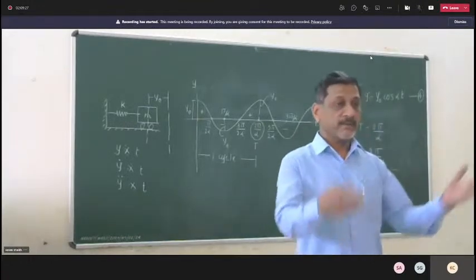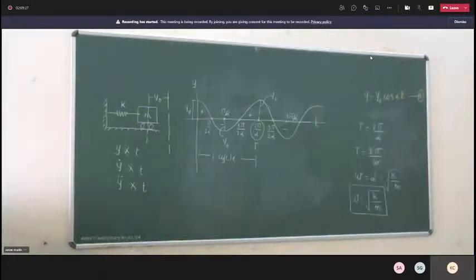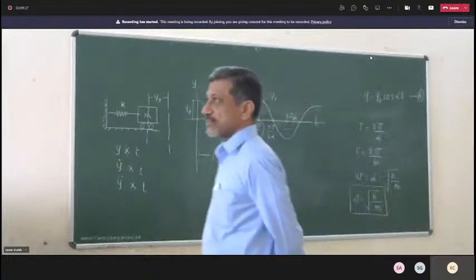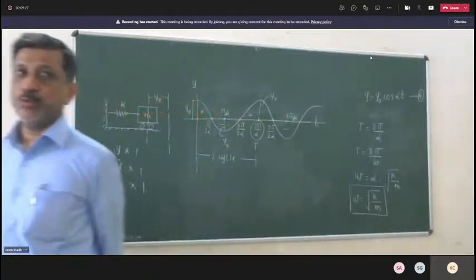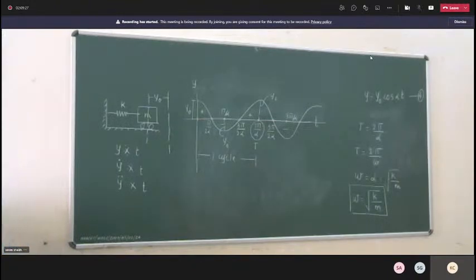So you can say the solution of the differential equation can be written as y is equal to a cos omega t plus b sin omega t in general. Agree?